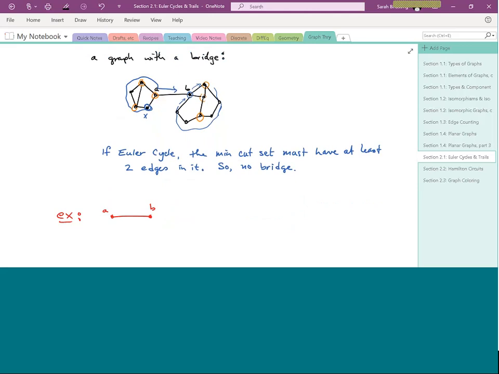Then yeah, that one edge would be considered a bridge, and the Euler trail would simply be start at whichever endpoint you want, cross over to the other endpoint, bam, you've got the Euler trail. Both of these have degree 1, so there's exactly 2 vertices with an odd degree. So that would work just fine. And note also an Euler cycle doesn't work because there is no cycle whatsoever in this graph, Euler or otherwise.